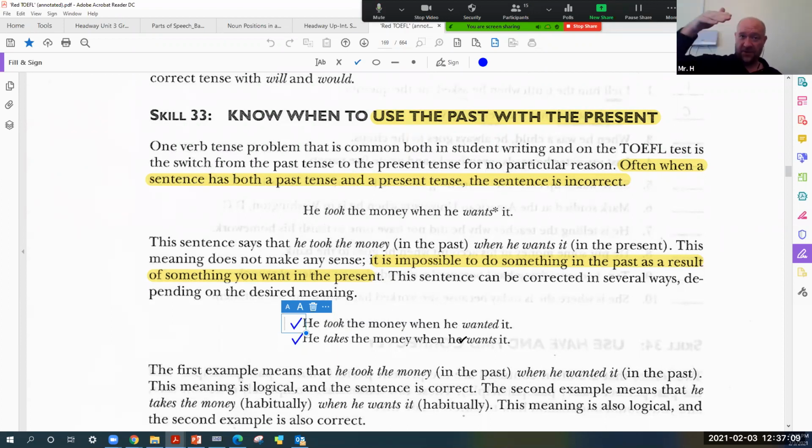The first correction is past simple and past simple. They match, it's logical. And in the second example, we have what tense? Present simple and present simple. All right, they're both correct.